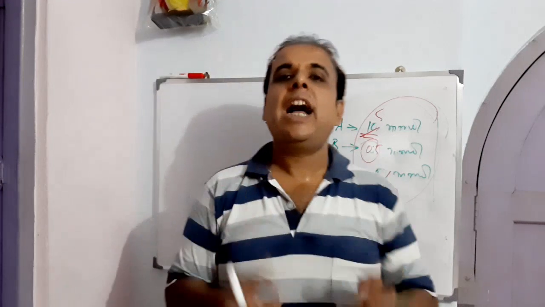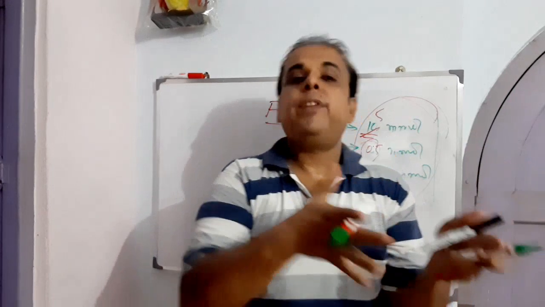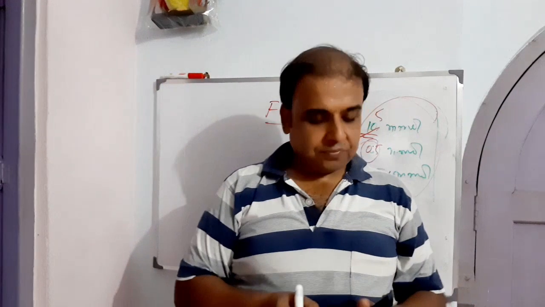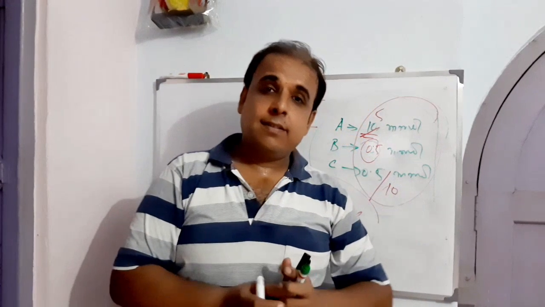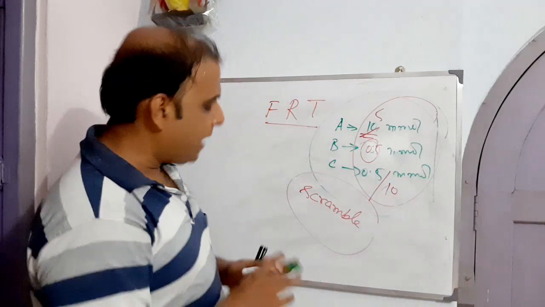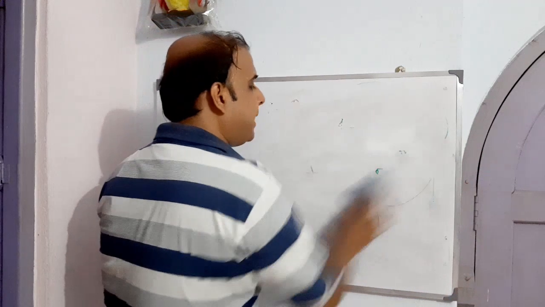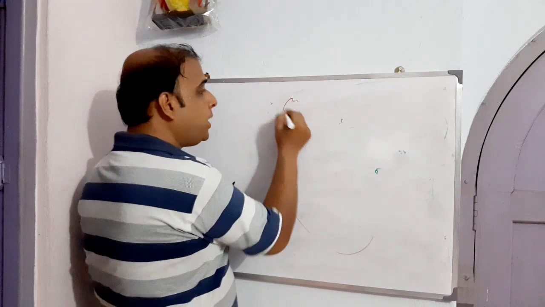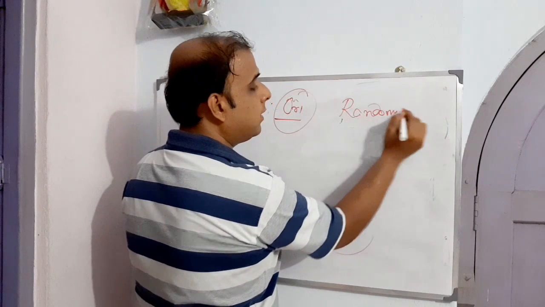So we have the original hypothesis and the subsequent, manipulated hypothesis. In Fisher's randomization test, we have two hypotheses: one is your original hypothesis and the other is your randomized hypothesis.